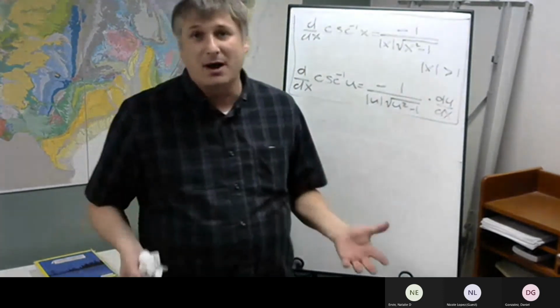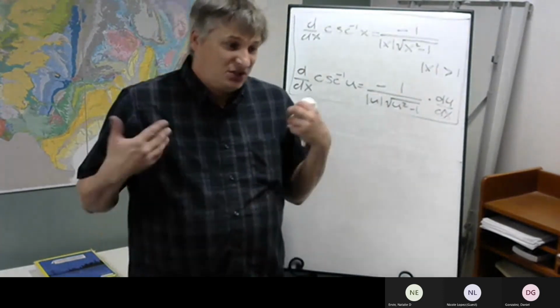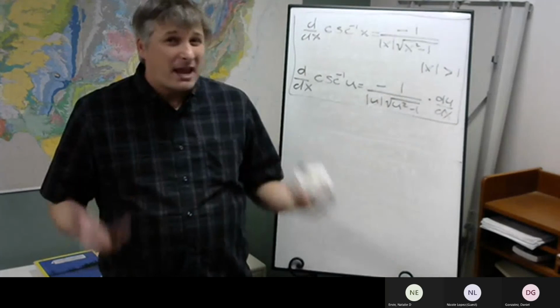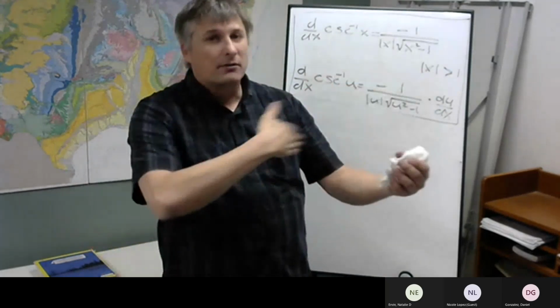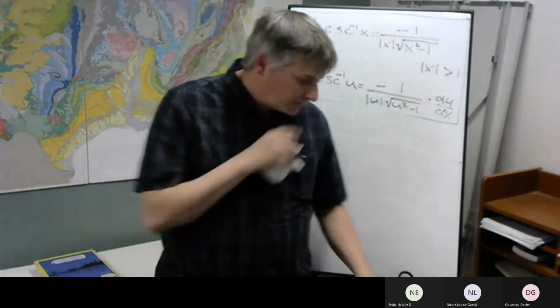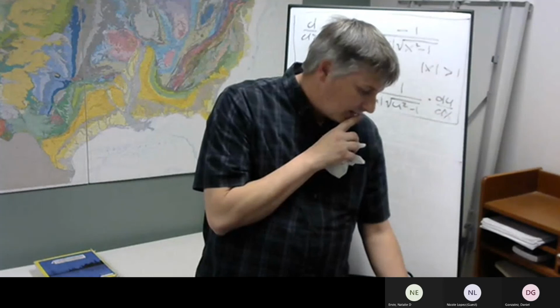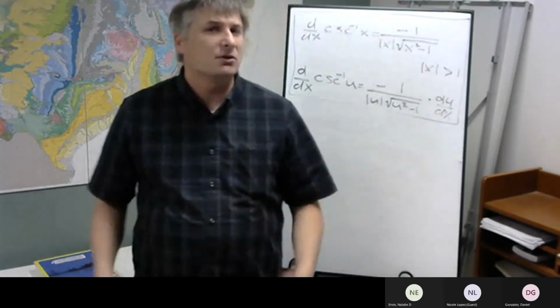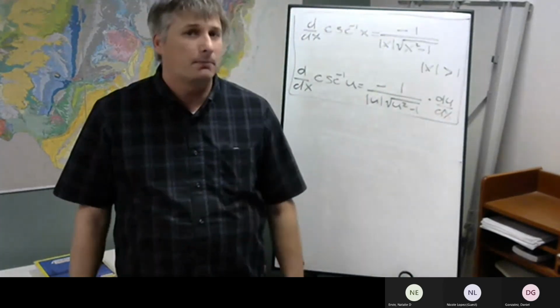Like, what does cosine inverse do if you take the limit as x gets close to 1? It's a way to familiarize yourself with the behavior of these functions along their domain. So if you're concerned about those limits, take a look at the graphs. That'll definitely help.